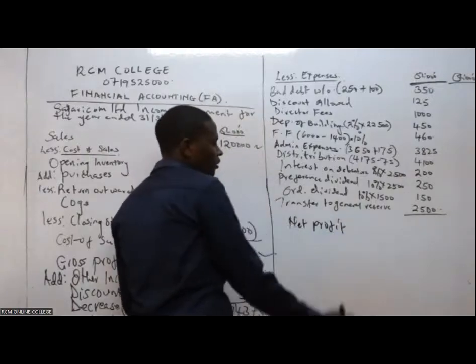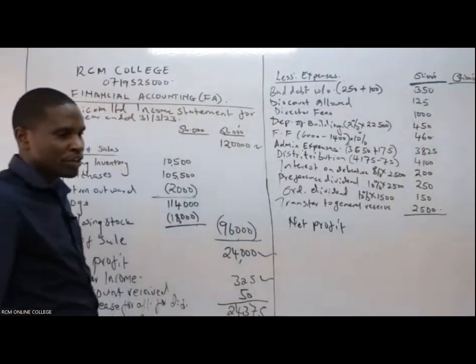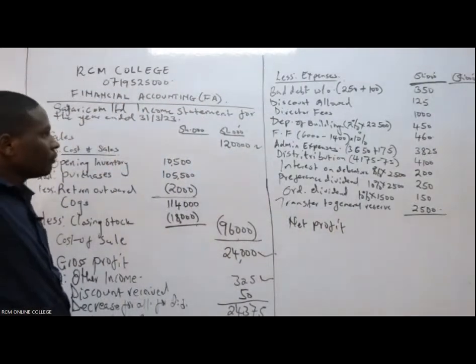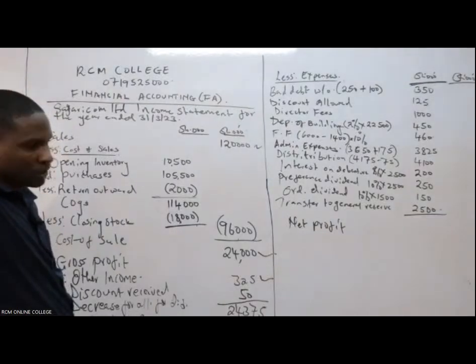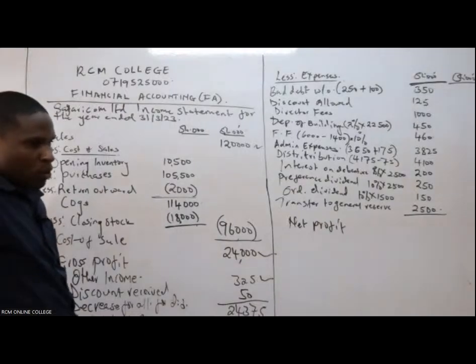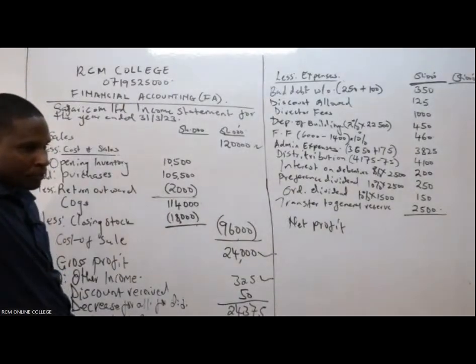What is the total expense? Somebody is doing it very fast: 350, add 125, 1000, like that until the end. The total expense is 13,160, according to Sharon Onyango.